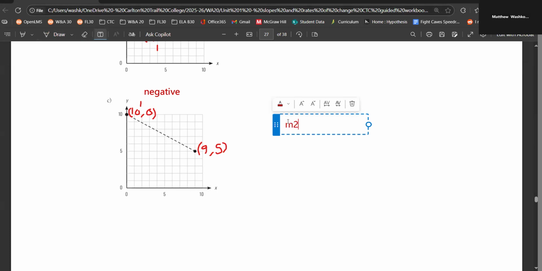Same thing. m is equal to y2 minus y1, all divided by x2 minus x1. Right, my y2 is 5, my y1 is 0. My x2 is 9, sorry, my x1 is 10.